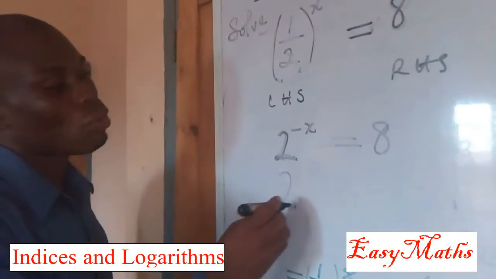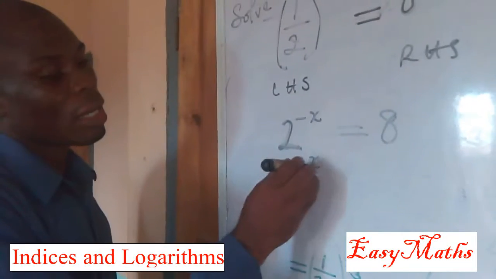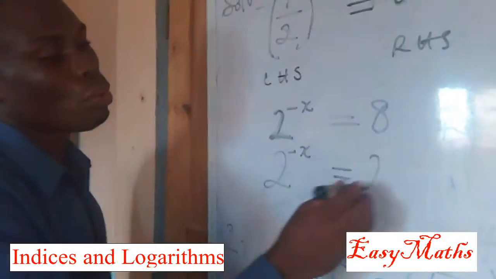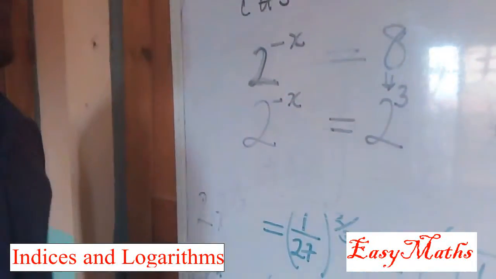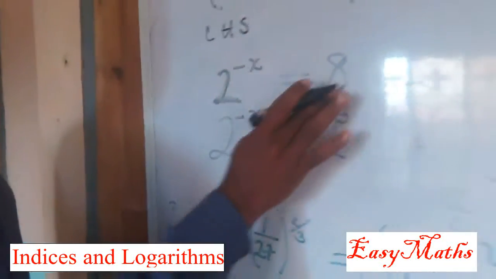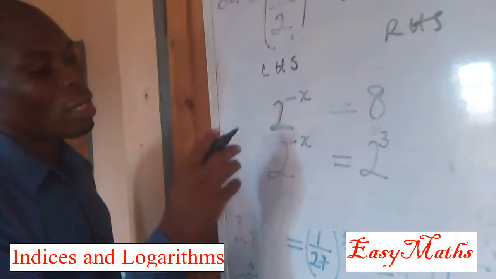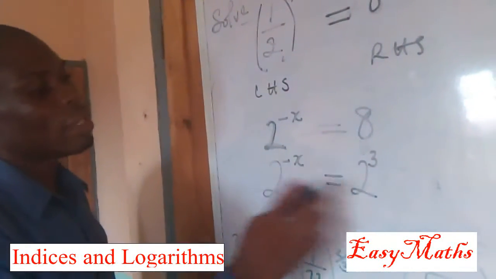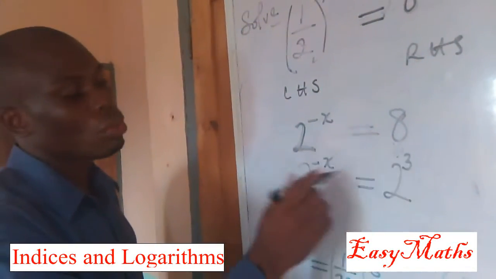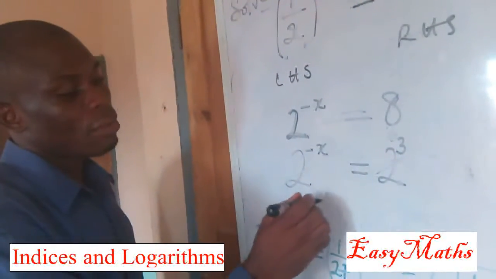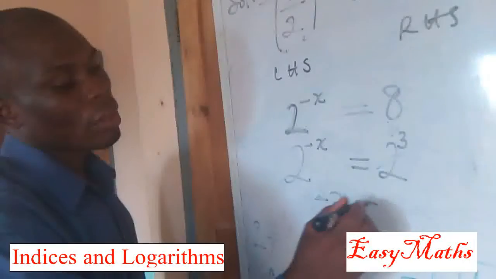So you express it as 2 raised to power minus x is equal to 2 raised to power 3, because 8 is the same thing as 2 raised to power 3. So if the base on the left and the right are the same, you can make the powers equal. So you have minus x is equal to 3.